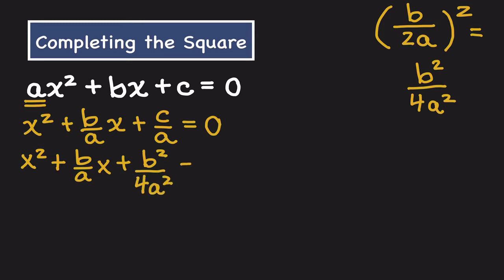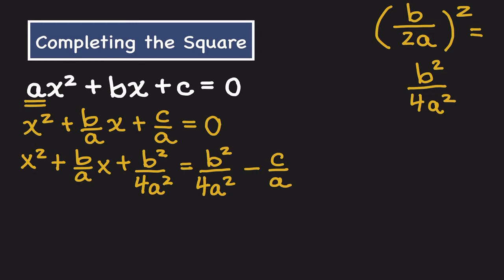Now what I'm going to do at the same time is bring the c over a to the right. But before that, I have to keep both sides of the equation balanced. So I'm going to add my b squared over 4a squared, and then I'm going to have my negative c over a that I subtracted from the right side.